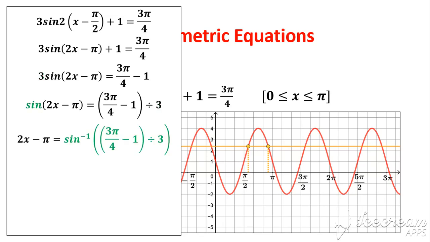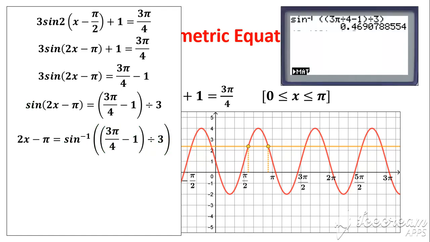Right, now we're going to take the inverse sine to get rid of sine. So we're going to leave the 2x - π, which is the bit in the brackets on the left, and we're going to have inverse sine of ((3π/4 - 1) divided by 3). Right, well, I need to do that on my calculator.